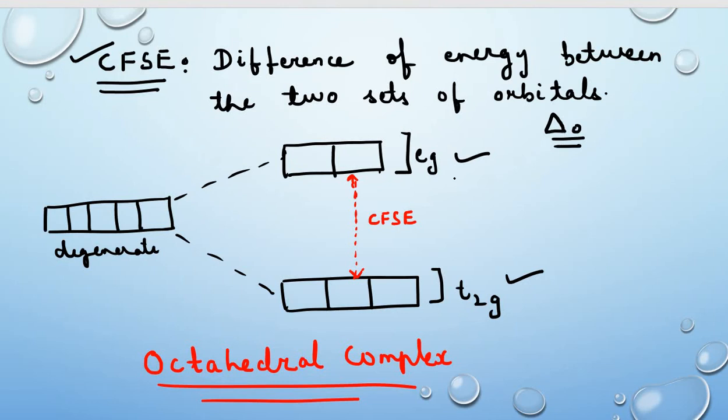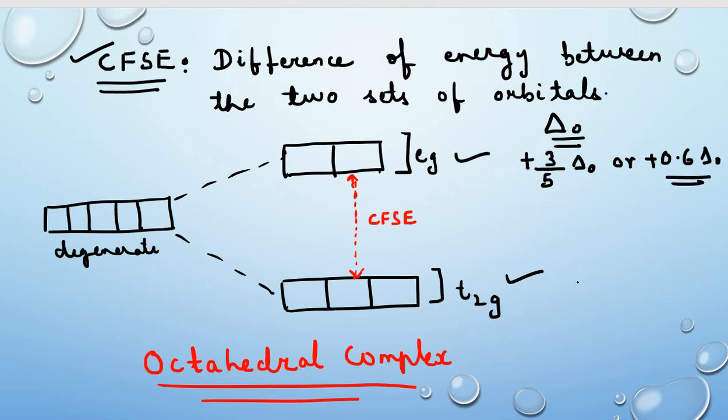The octahedral complexes are represented by what? Delta O. So in the case of the Eg orbital, the energy will be 3 by 5 delta O, or we can say this one is plus 3 by 5. Why are we writing plus? Because it is raised in energy, or we can also represent it as 0.6 delta O. This is for the Eg orbital.